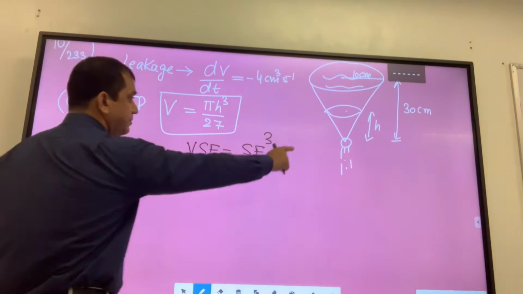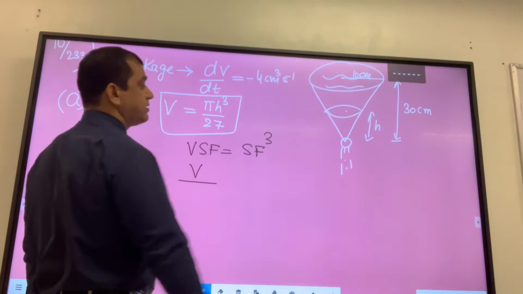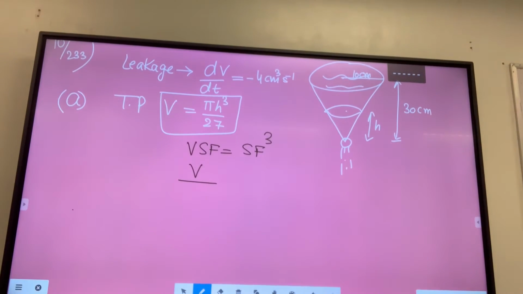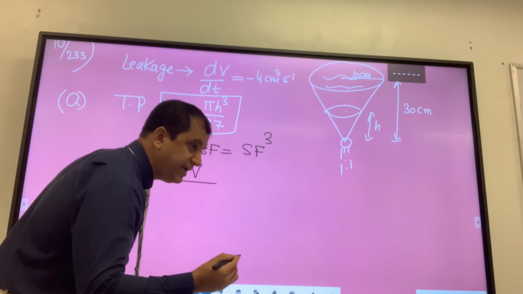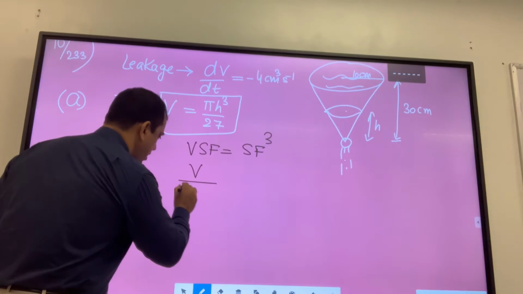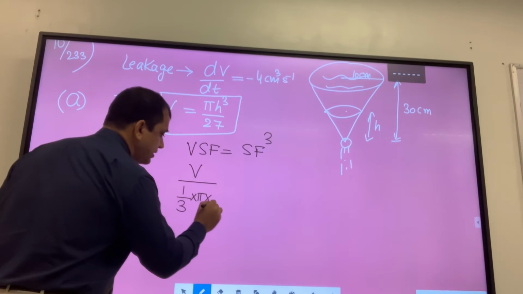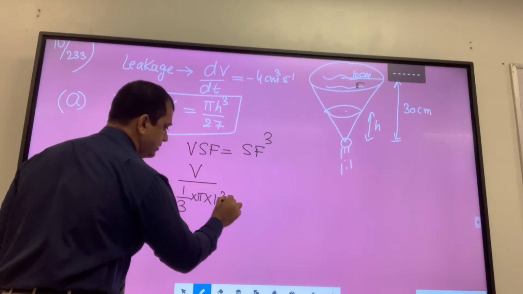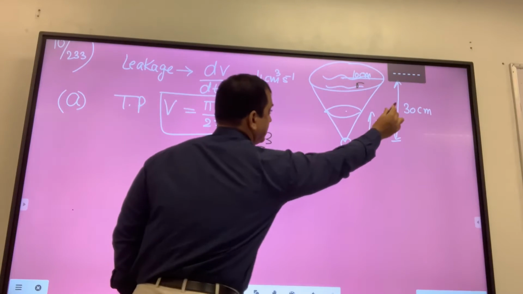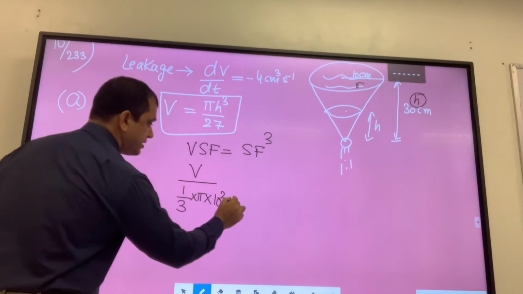What is the reduced volume? This is V. What was the actual volume when the height was 30? Means what is the volume of the cone? What is the formula for the volume of a cone? The volume of a cone is 1 by 3 pi r squared times height. Radius is 10 squared, times height. At that time height was 30, times 30.